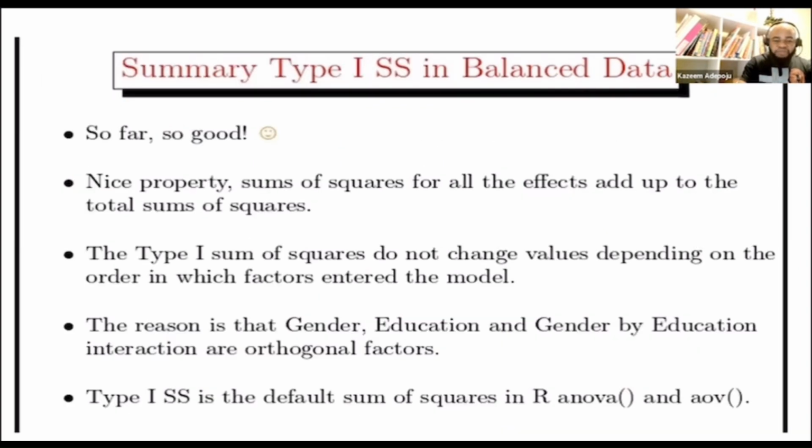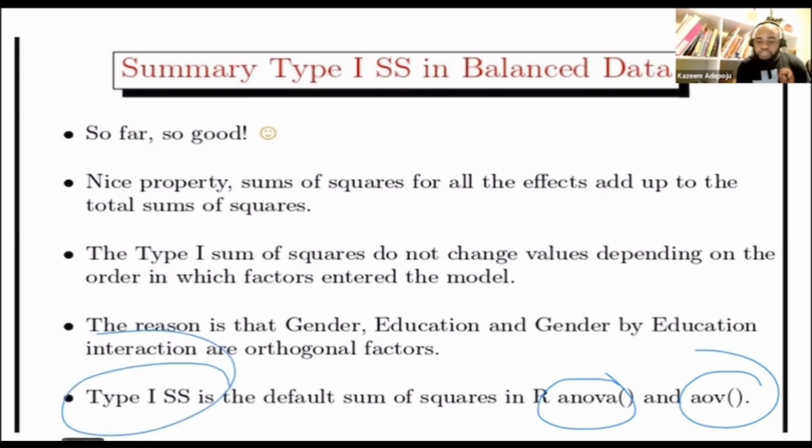And that was why I'm making this conclusion. Everything looks so good. And of course, in R, when you see this, AOV, lowercase anova, all those are for type 1 sum of square. Anytime you're using that code, remember that you're dealing with a type 1 sum of square.